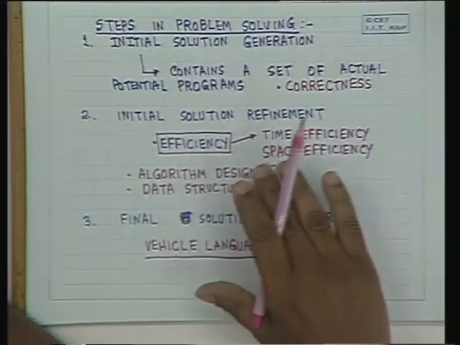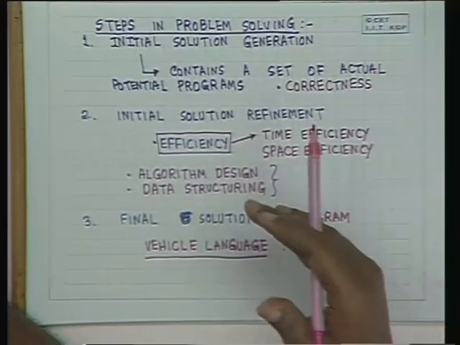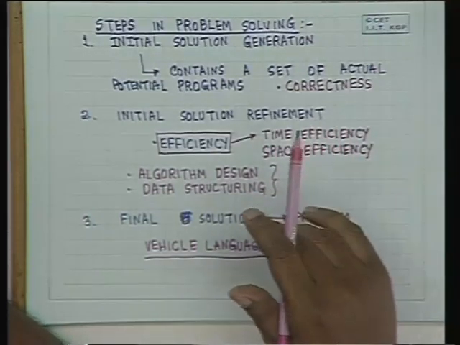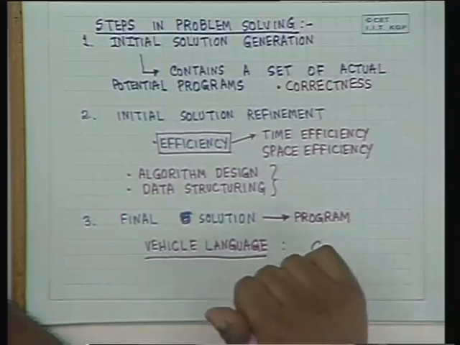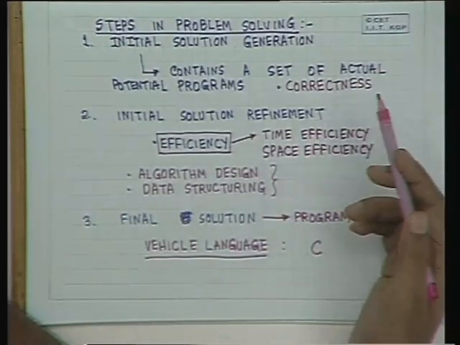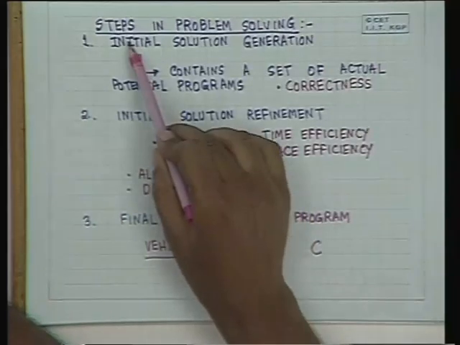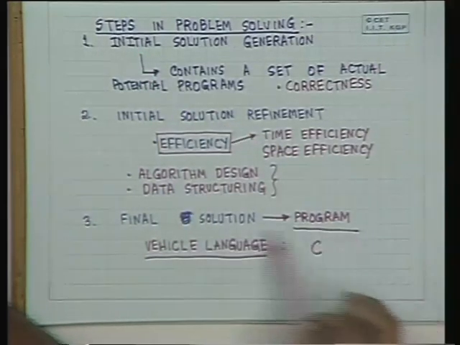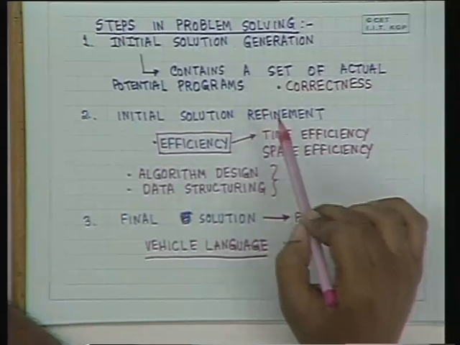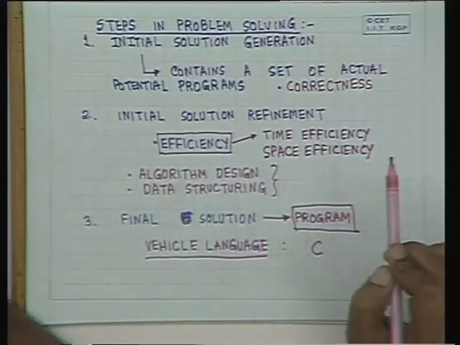Initially we will start with learning a bit of C language and seeing what constructs are available in C language, because unless the vehicle language is known to us, it will be very difficult to get the final solution. Because starting from here, if you cannot end up here, if you end up in between anywhere, it does not mean much, because it is our task to write out the final program.